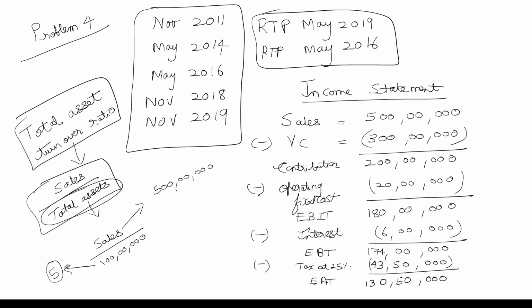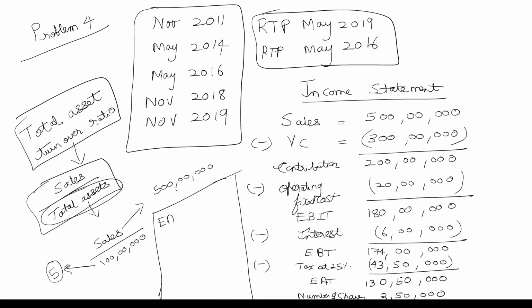Now if I divide this by the number of shares, here the share capital has a total value of 25 lakhs and the shares are of rupees 10 each. So that means I have 2,50,000 shares.